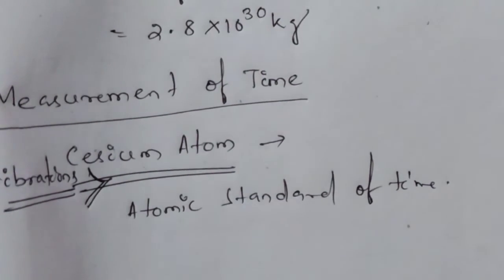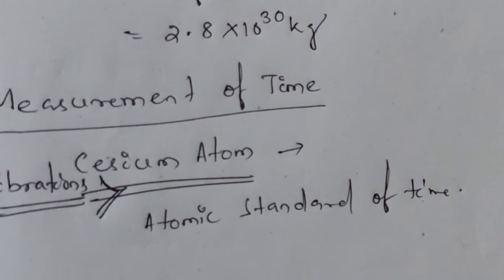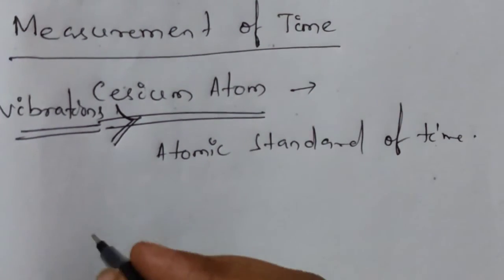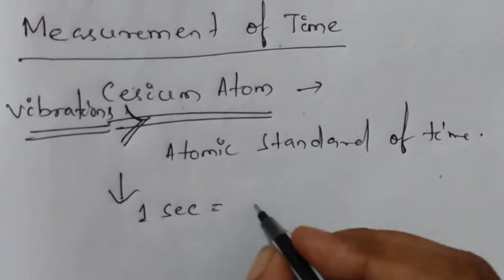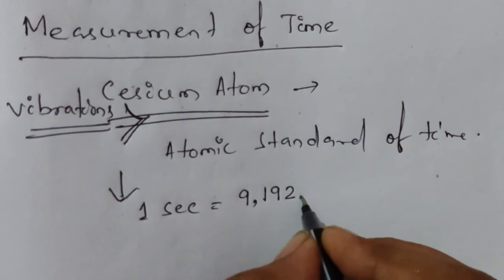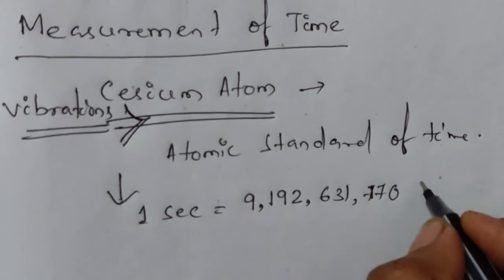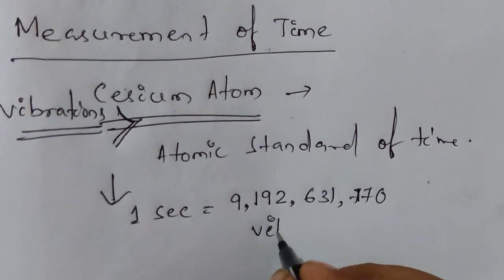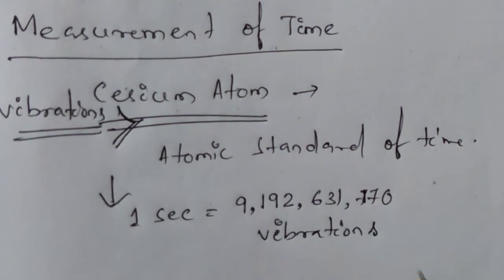Okay, getting my point? So in the cesium clock, 1 second is equal to 9192631770 vibrations of the radiation.